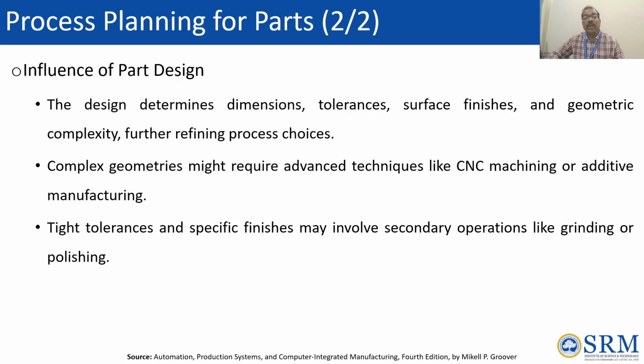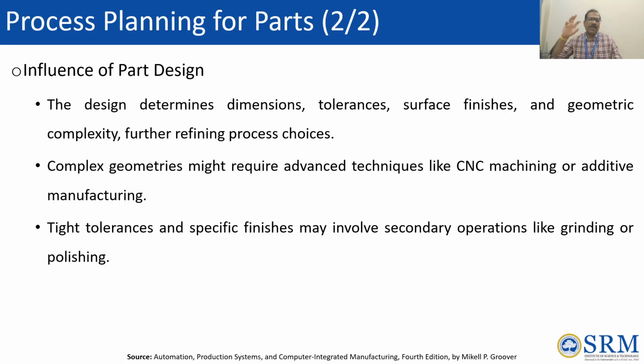Complex geometry might require advanced techniques. Basic processes we can do in a normal conventional machine, but for complex geometries we better go with CNC machining or additive manufacturing nowadays. In CNC machining, we write a code according to our requirement, then the machine tool runs according to our instruction and performs. With additive manufacturing, we provide the design, and with the design it can perform 3D printing.